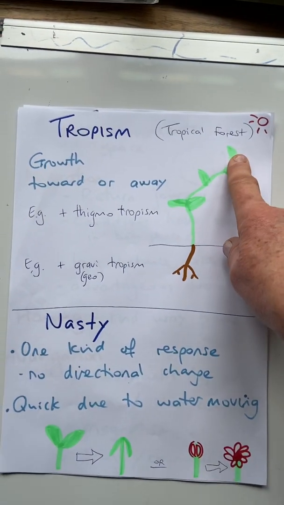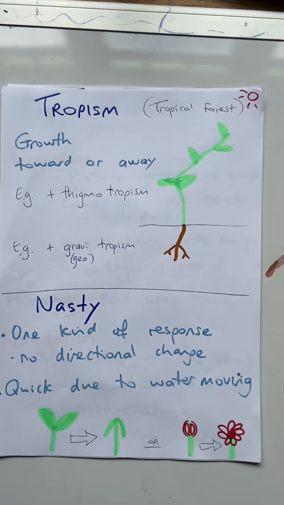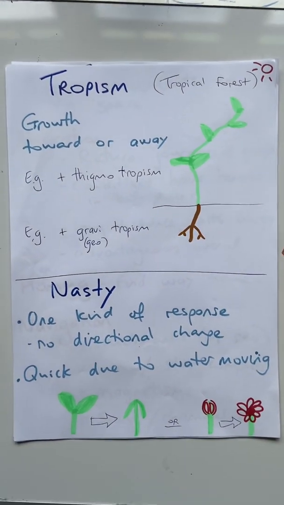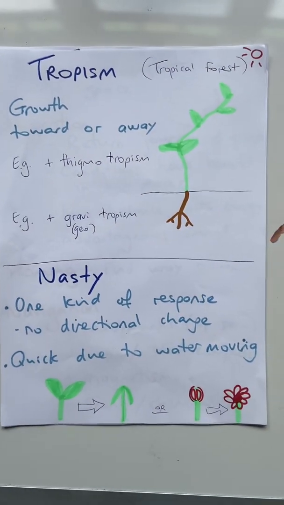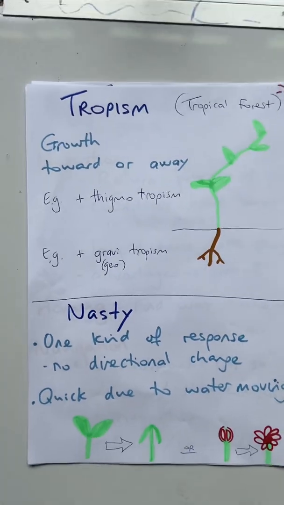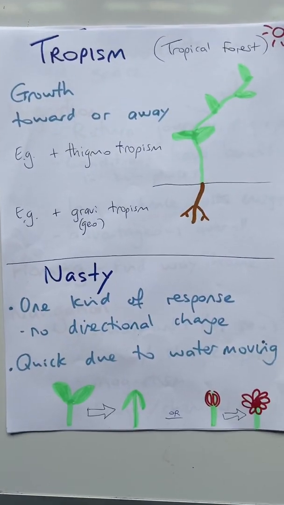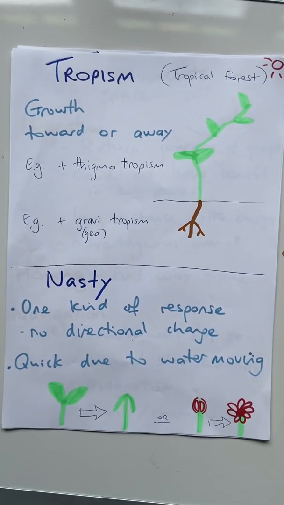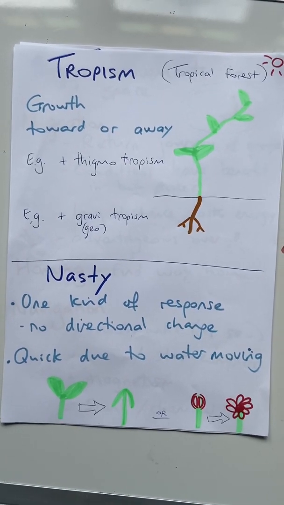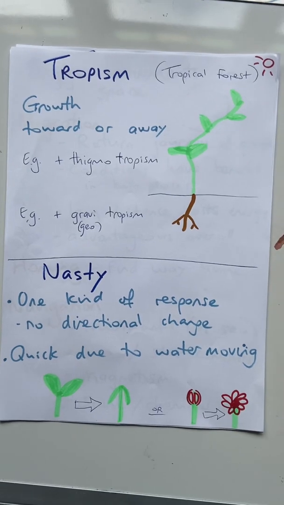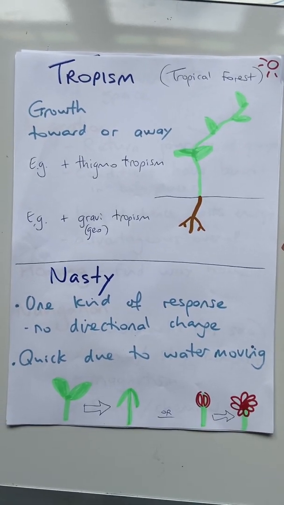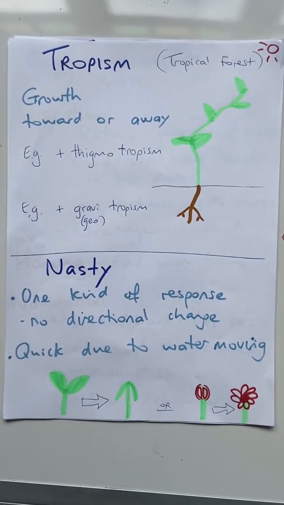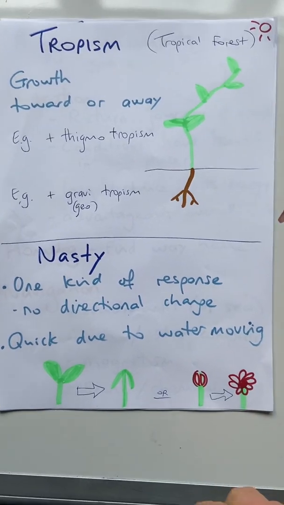And our leaves are going to grow towards the sunlight, and I'll show you that outside as well. Nasty is the one that's tricky here, because again this is not a growth response, but it's a much quicker response that plants can do. And they do it by moving water, but it's not caused by something coming from a certain direction, and it's not a movement that's in a certain direction, it's just a particular response.